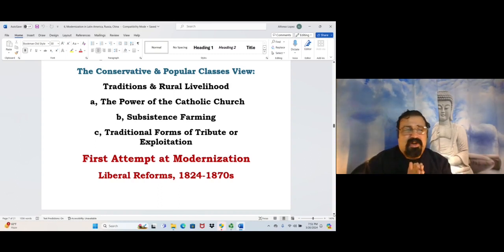The conservatives indeed participate in exploitation. Okay, they are themselves landowners, and they demand tribute from the peasantry and from the lower classes at large. But they prefer to keep the traditional forms of tribute or exploitation, rather than introducing new ones.